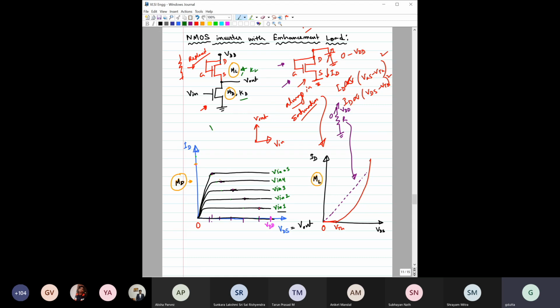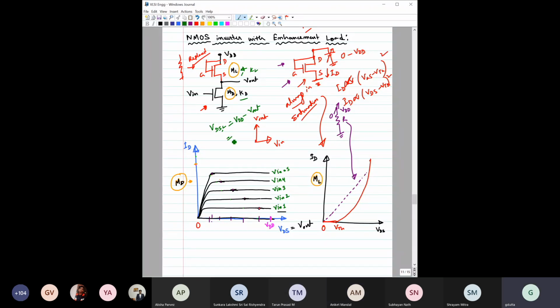Then can I write that VDS load is equal to VDD minus Vout? Can I write this? Tarun? Aniket? Yes, sir. Okay.